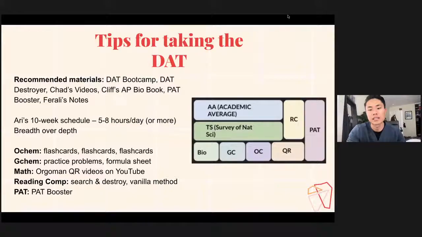There's a total science section composed of bio, GChem, and OChem, and that's your total science score. PAT is its own score. Meanwhile, reading comp, QR, and the total science groups are under the academic average.